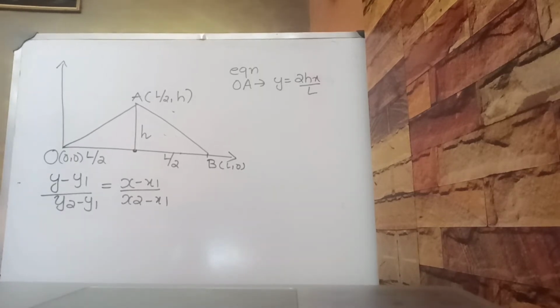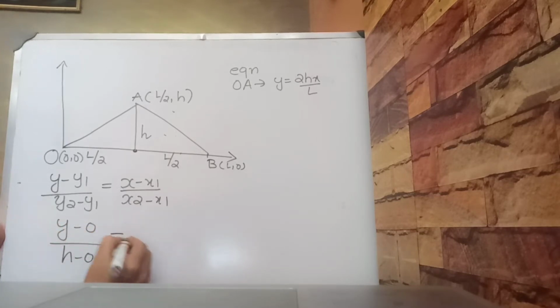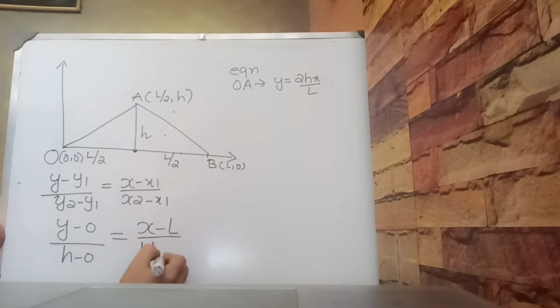Similarly, for finding the equation of AB, we have (y minus 0)/(h minus 0) equal to (x minus L/2)/(L minus L/2) using the two-point formula.